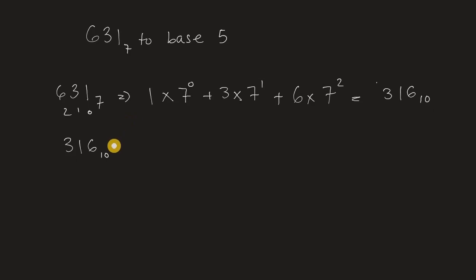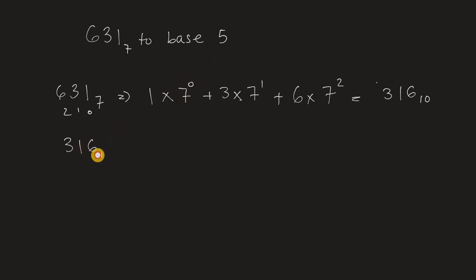If you remember from my previous video, what did I do to convert to a different base? If I have something in base 10, we simply have to do the division. If you're converting from a different base to base 10, you always have to multiply by the base that is given to you.